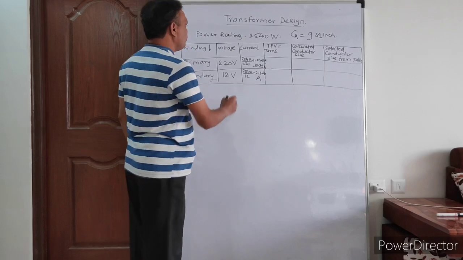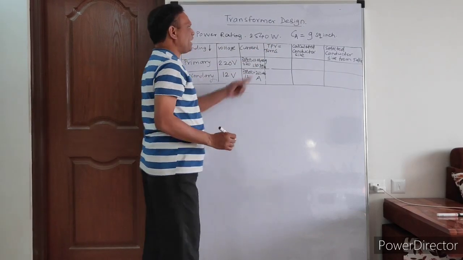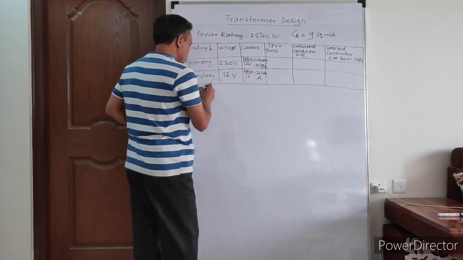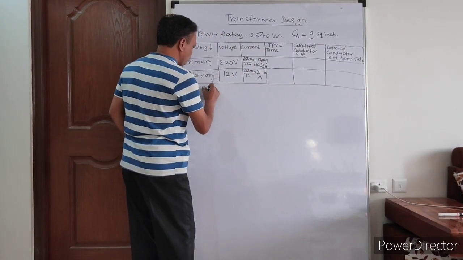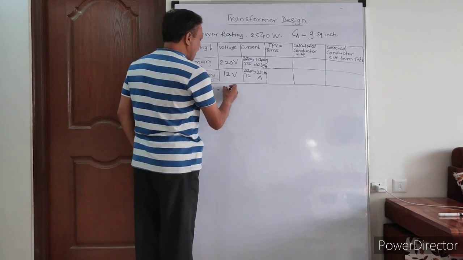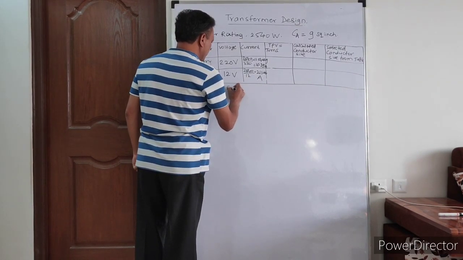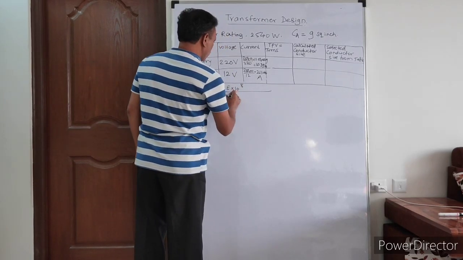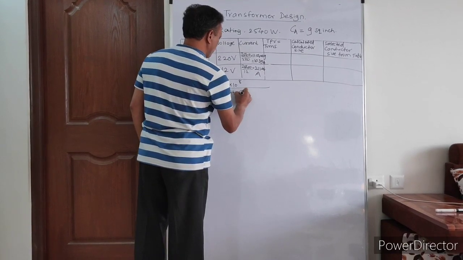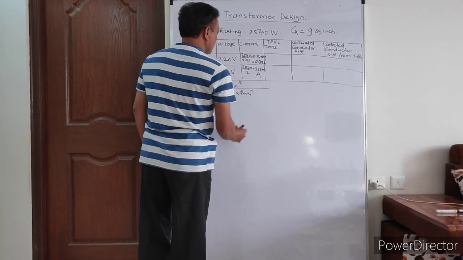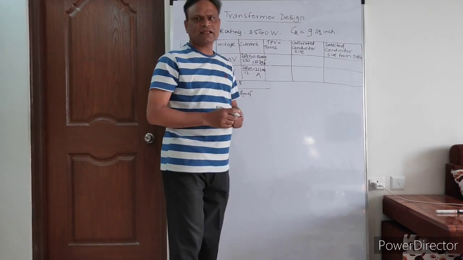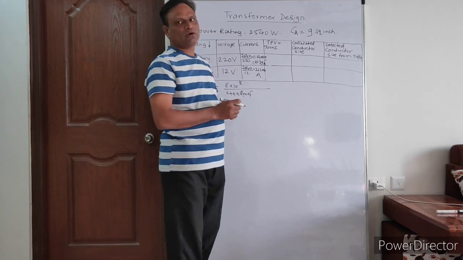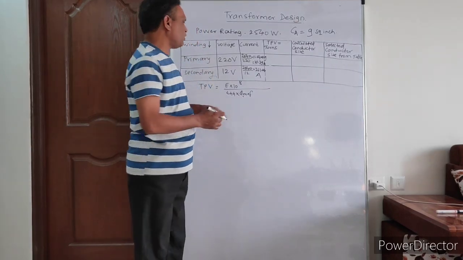Now I will calculate my turns per volt. When I know the turns per volt, I can calculate the primary turns and secondary turns. So the formula for that is E into 10 raised to 8. Actually, per volt means E is 1 upon 4.44 into phi M into F. Now we know that this maximum flux is nothing but a product of Bm into A, that is maximum flux is equal to maximum flux density into area of the core.